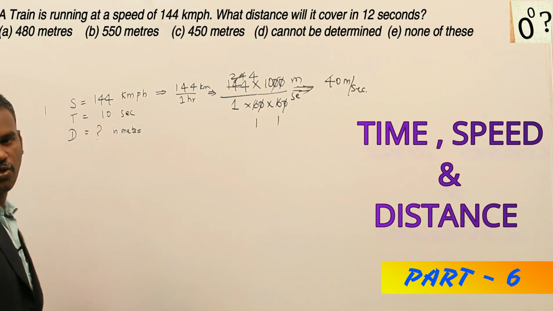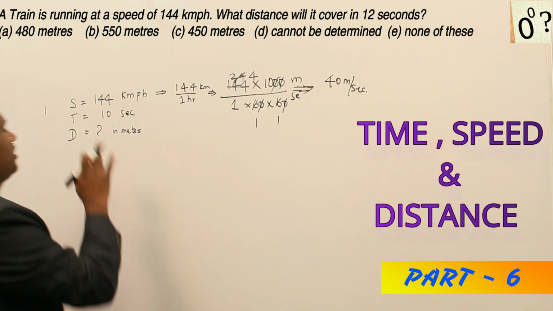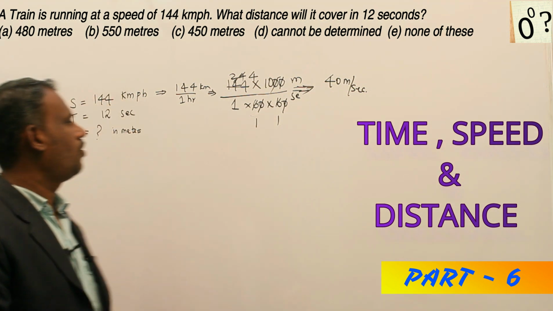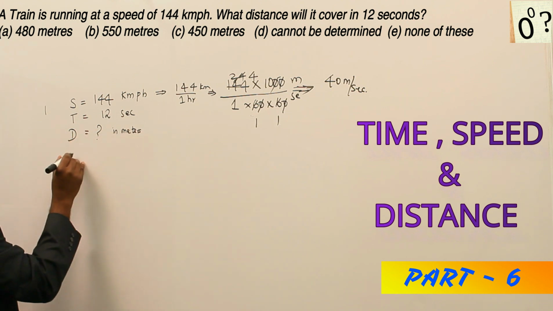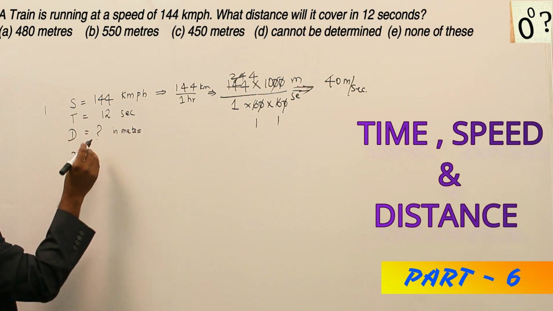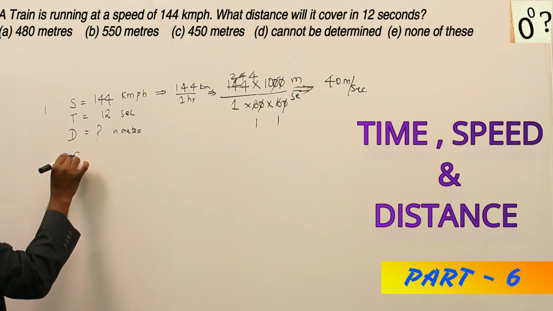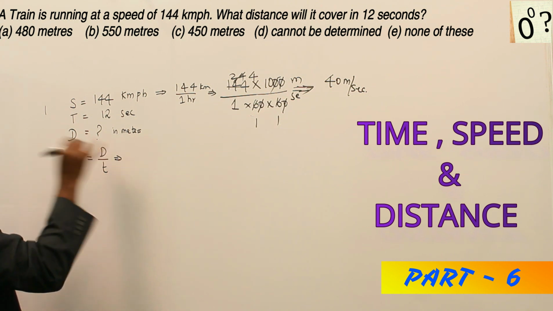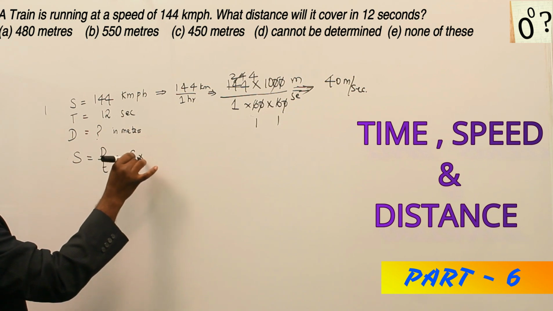Sorry, the time is given in 12 seconds. Time in the question is 12 seconds. We know the main formula, speed is equal to distance divided by time, and distance equals speed into time.